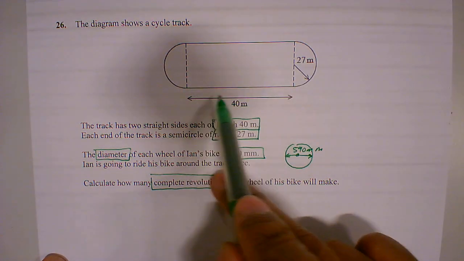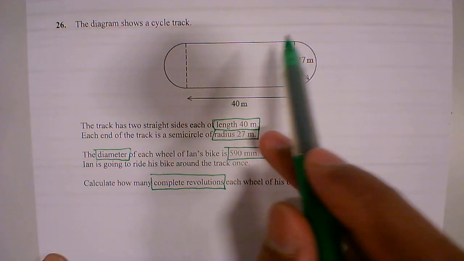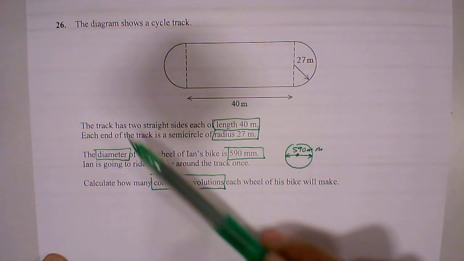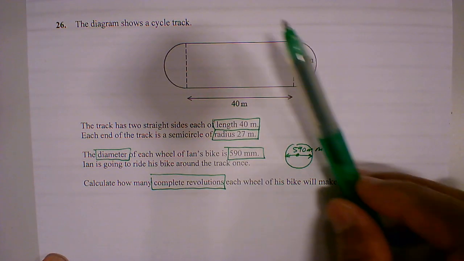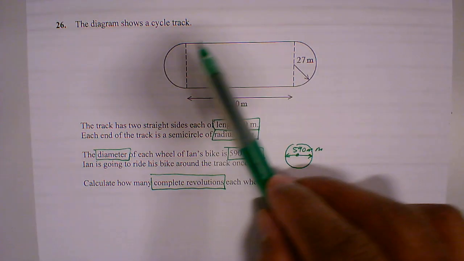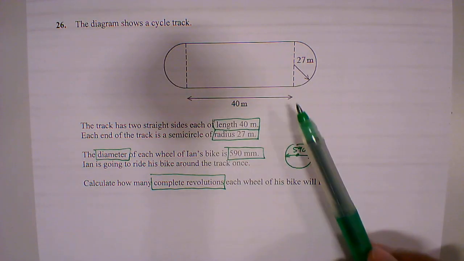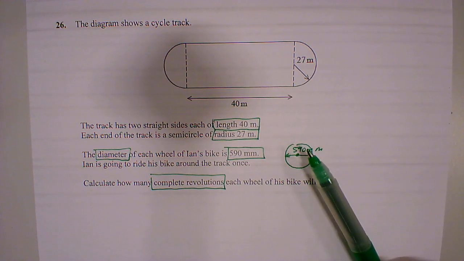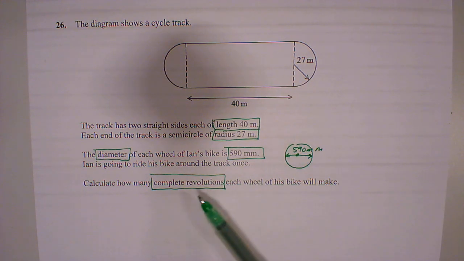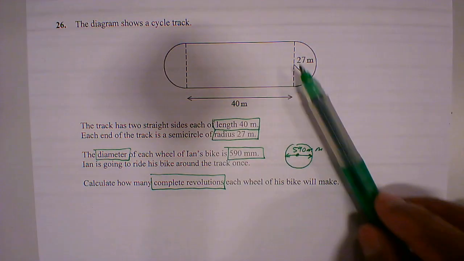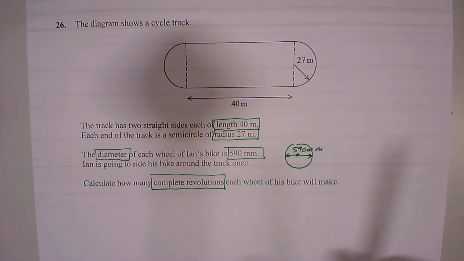Before I start answering, if I think about this question, I've got this track and this circle, and it's how many complete revolutions, how many times is this circle going around this. So it's like a division.